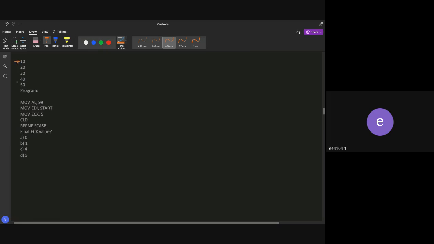These are all the memory addresses one by one. And this is the program, and we have to find the value of ECX. Just try to solve it. And it will start from 10. So it will start from the starting. Okay, try to solve this. I'm creating the poll for this one now.